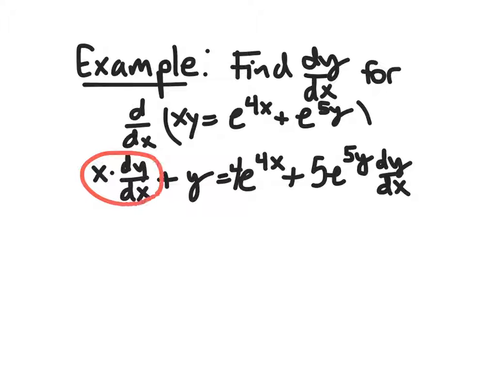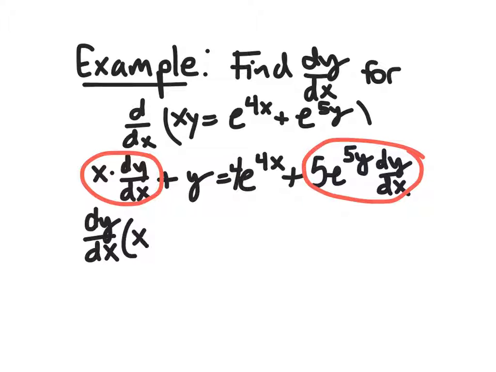So we want to solve for dy/dx. We have two terms which have dy/dx in them. We should try to get those together so that we can then factor out a dy/dx, right? If our end goal is to get dy/dx by itself, that seems like our only option. Okay, so we've got dy/dx times x over here.